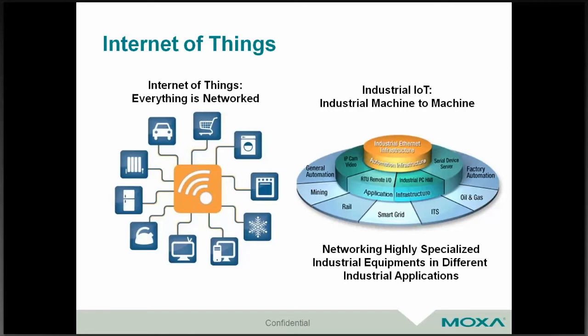In the past, IoT was, again, not a new concept. In the past, we called it industrial machine to machine. But what is the driving force that actually moved industrial machine to machine to become industrial IoT? That's the major topic we want to address here in the presentation.